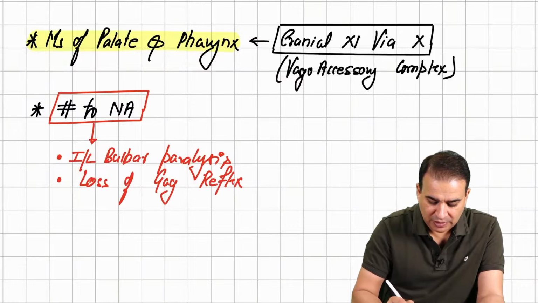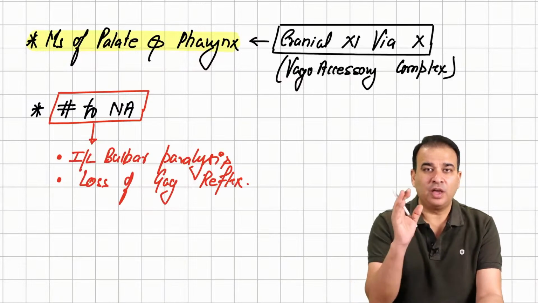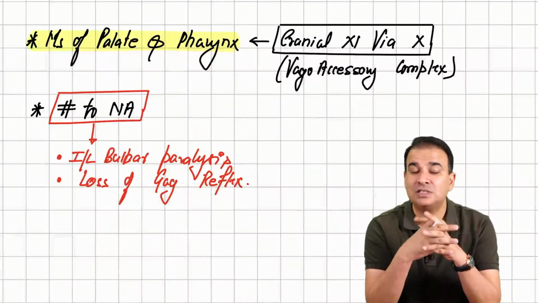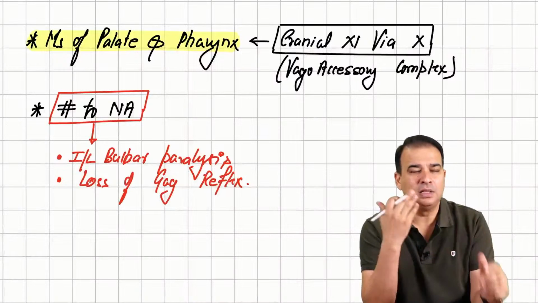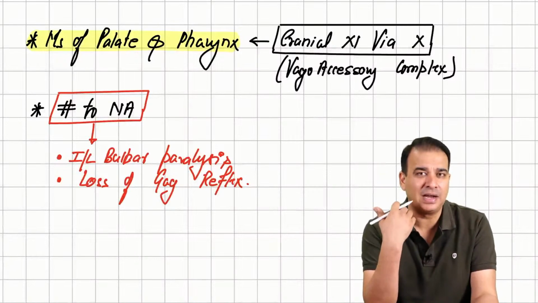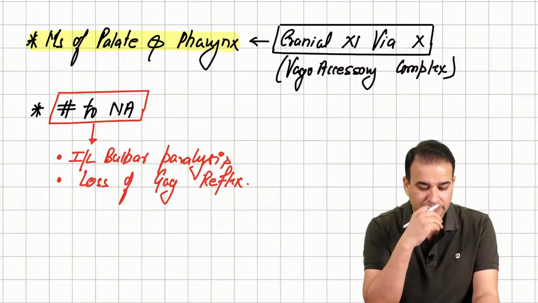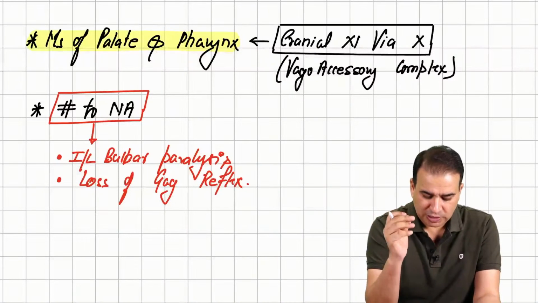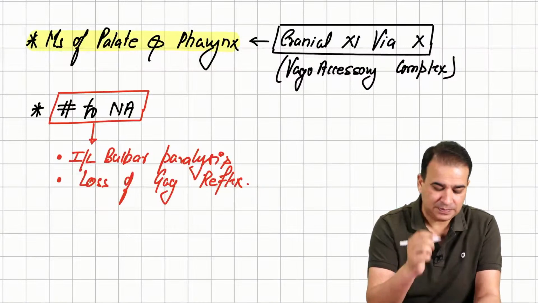So injury to the nucleus ambiguus, such an important nucleus, guys, will cause ipsilateral bulbar paralysis. The muscles of the palate, pharynx and larynx of that side will undergo a flaccid kind of paralysis, that is a bulbar paralysis, and that also leads to the loss of the gag reflex.